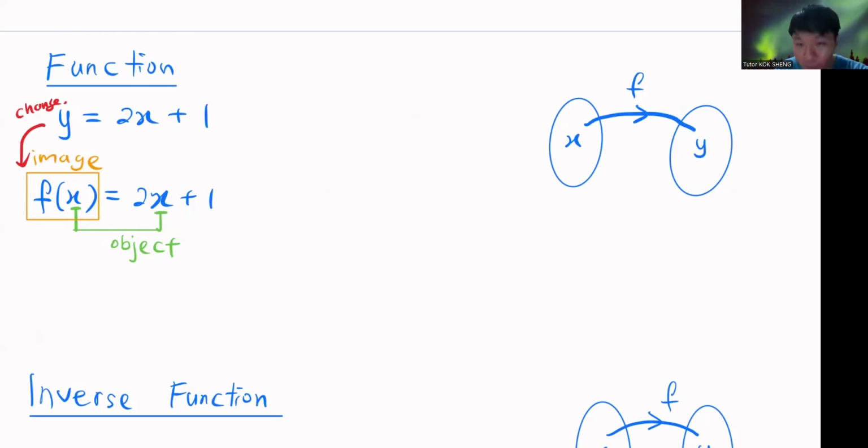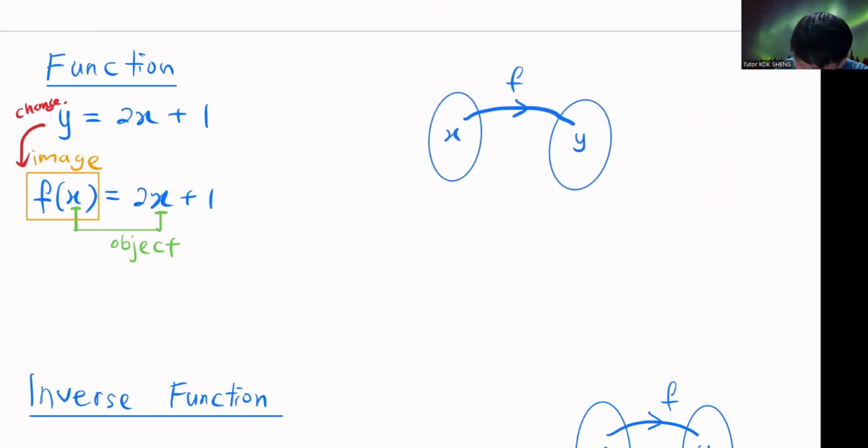Okay, so now the next part is if you also deal with a diagram, how do you see that? I already put an example here, can you see? For the example here, you can see the arrow direction, left to right. This is the object, this is the image, which means I'm going to write like this.